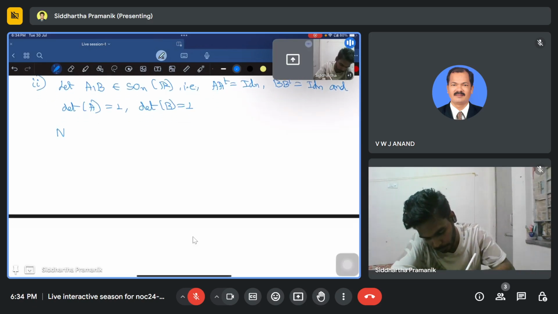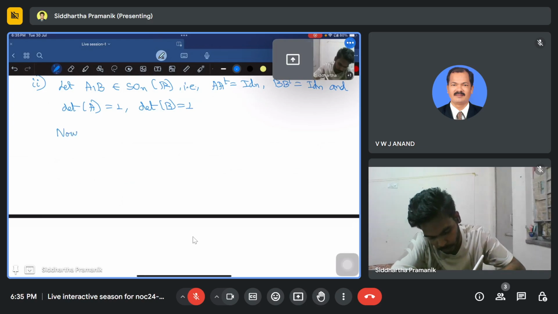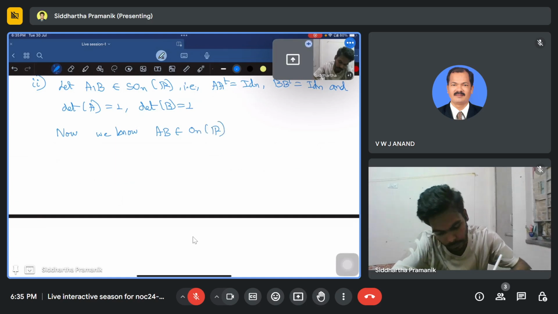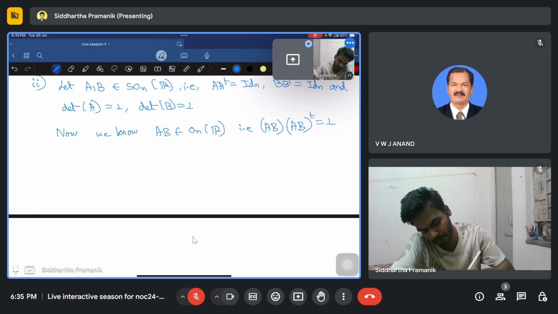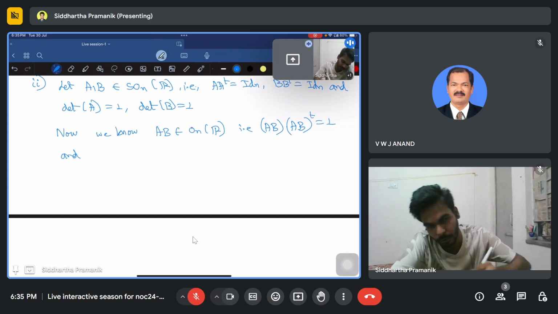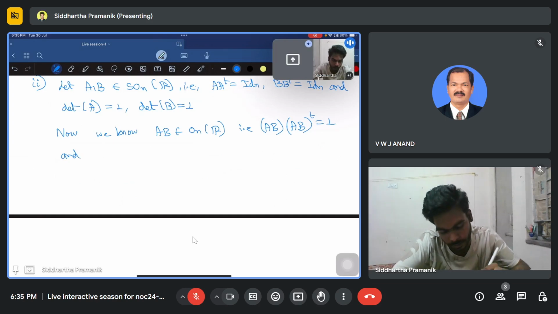So now we know AB belongs to O(n, R) by the first part, meaning AB times the transpose of AB equals the identity, and so one property is already holding. So let's check the second property, which is the determinant.